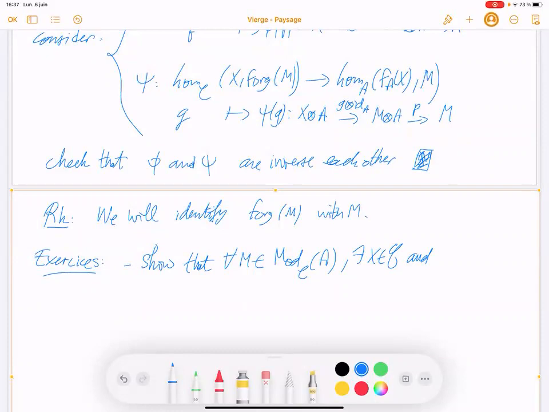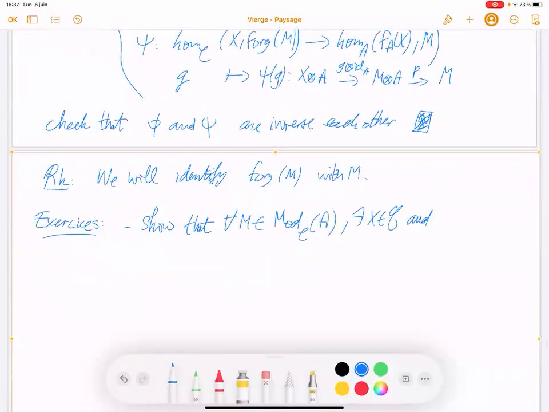I don't know what they mean by surjection. I guess they mean epimorphism. A surjection from X tensor A to M. So I guess epimorphism.